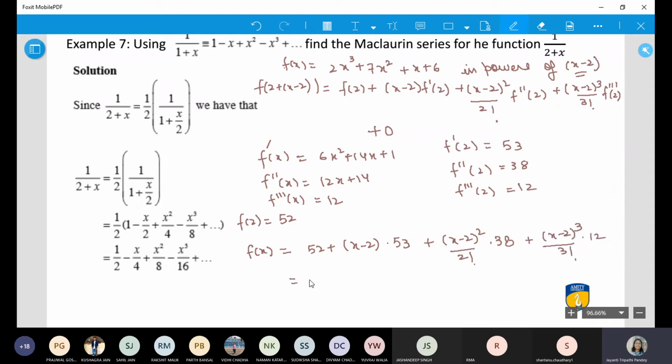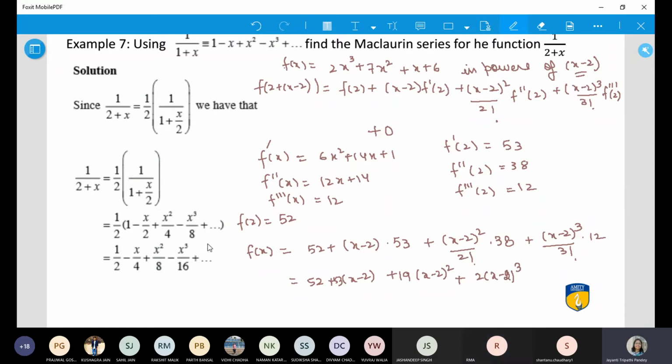So when you simplify, you will get 52 plus (x minus 2) 53 plus 19 (x minus 2) square plus 2 (x minus 2) cube. Is this fine? Is this okay? Yes, ma'am.